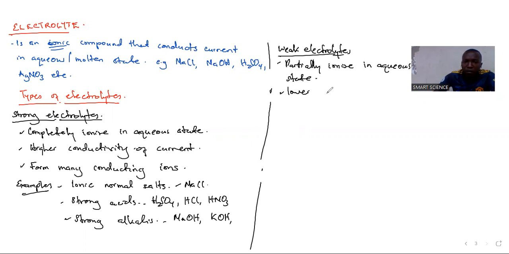They have a lower conductivity of current. They form fewer conducting ions.